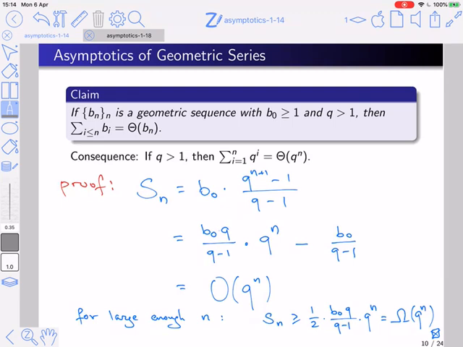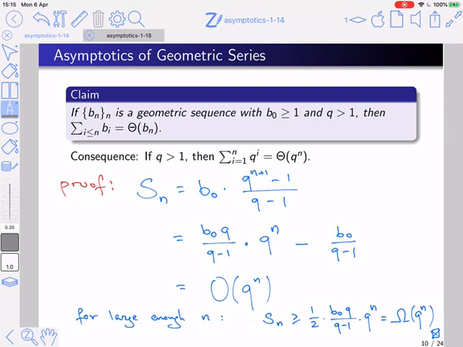And the proof? We already saw that the summation of the geometric sequence satisfies this equality. And now we do some algebraic manipulation. The coefficient of q to the n is b0 q over q minus 1. And we have here some number we're subtracting. This is b0 over q minus 1.